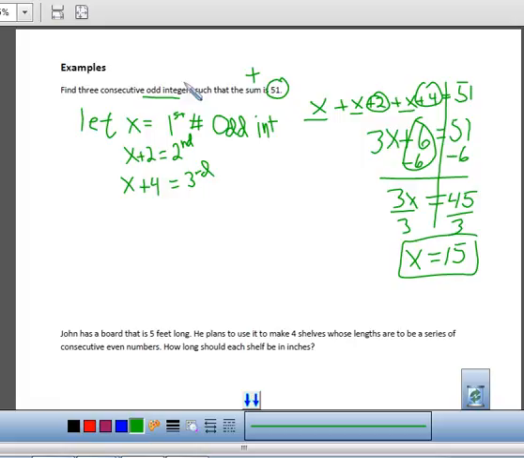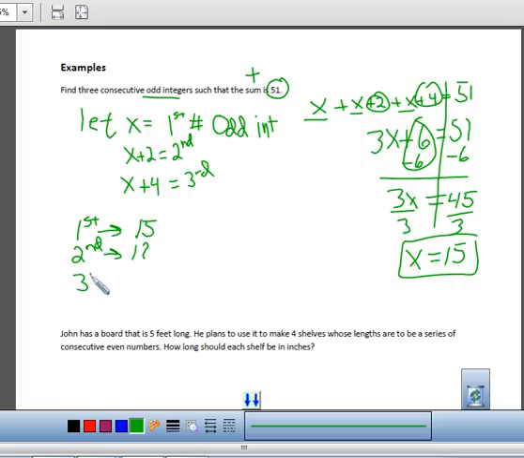Alright, so the next step is to tell what the three numbers are. The first number we know is 15. The second number is going to be this number plus 2, 17.